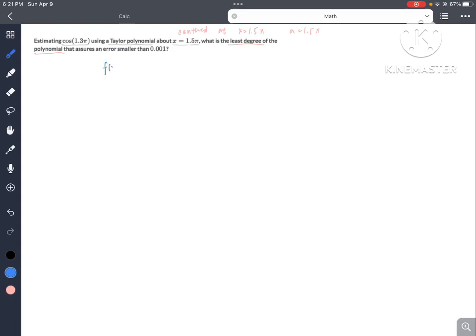We remember that in our expression, f of x is equal to Tn of x plus Rn of x, and in this case f of 1.3 pi is equal to Tn of 1.3 pi plus Rn of 1.3 pi. If it's only asking for the error bound, we just need to focus on Rn, the error.